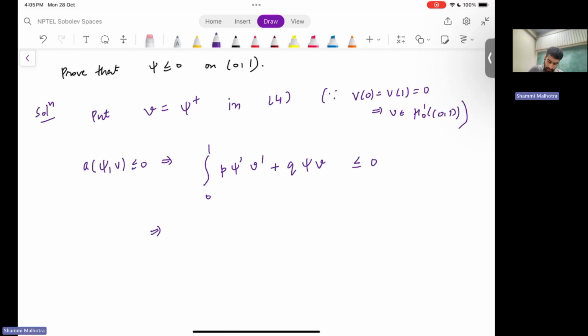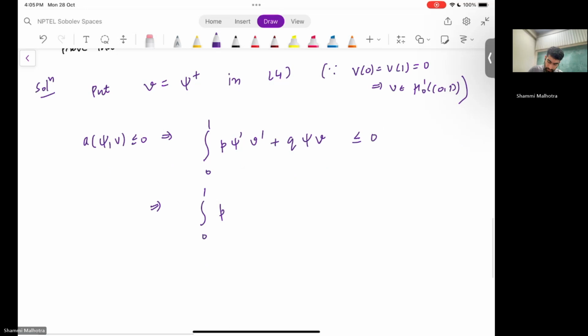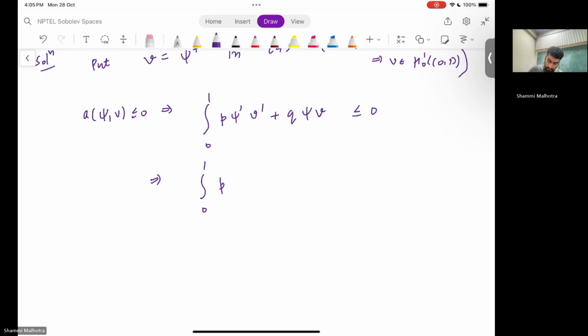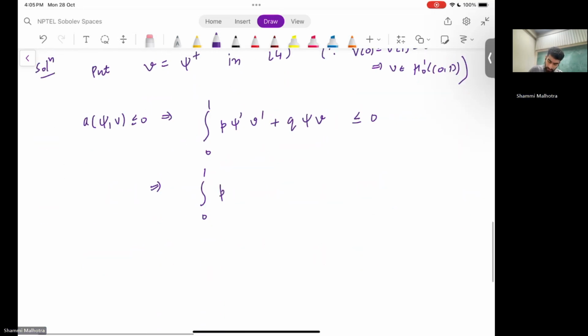But this basically implies the integral from 0 to 1 of p (psi plus minus psi minus)' times (psi plus)' plus q (psi plus minus psi minus) times psi plus, where v is nothing but psi plus, is less than or equal to 0.